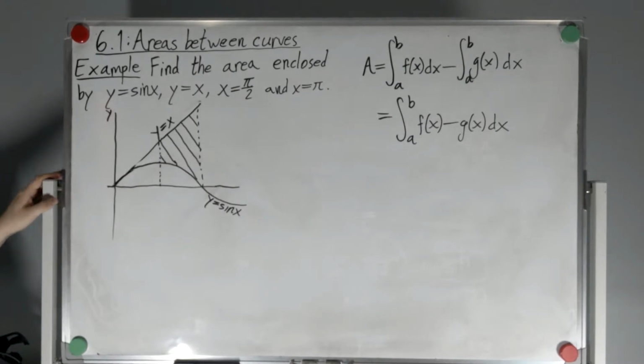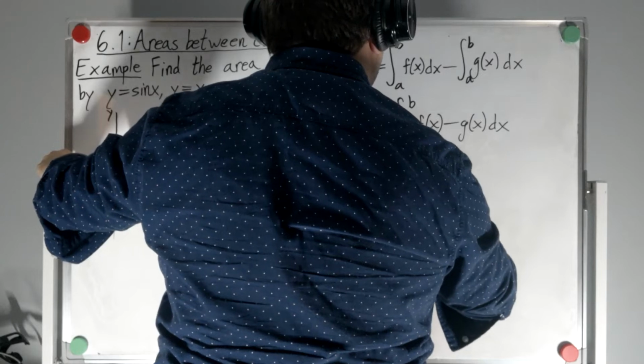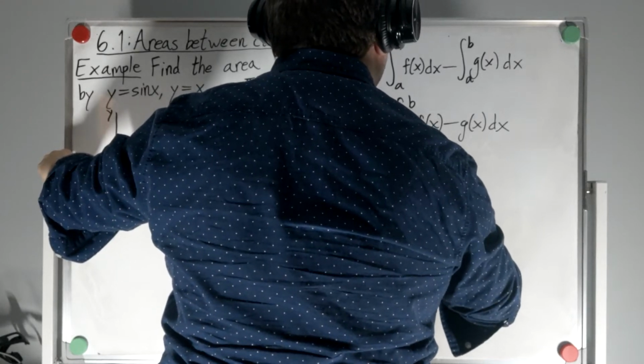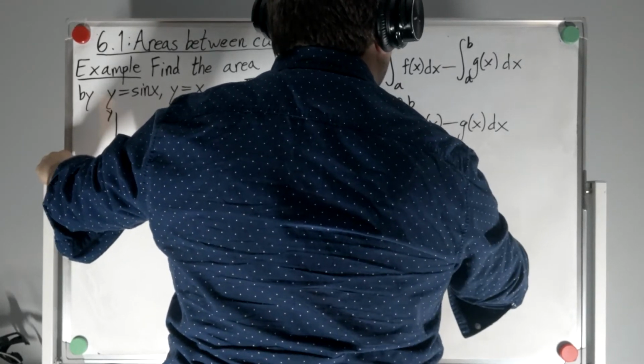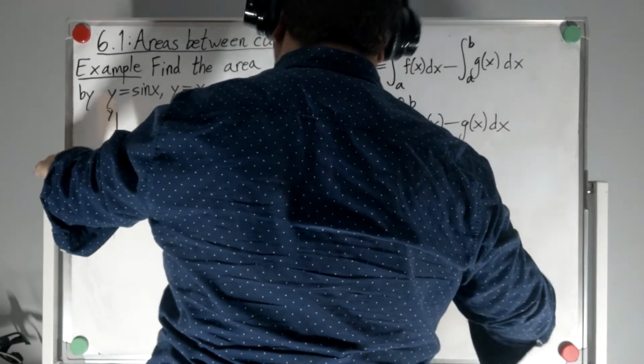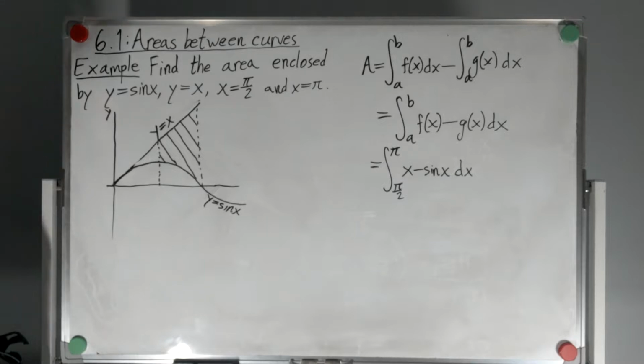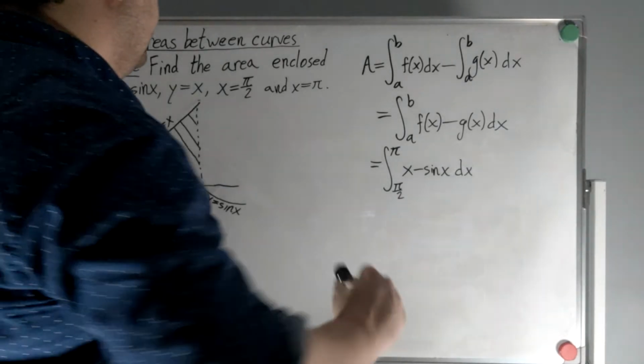So, according to our formula, all we'll have to do is integrate from pi over 2 up to pi, x minus the sine of x. Right, so that's not a particularly hard integral.